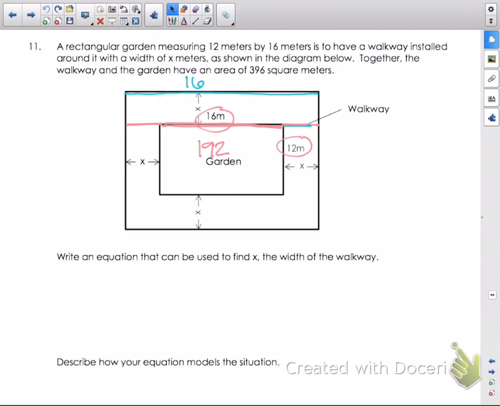Then what do we do with these sections on the side? Do we multiply them? Do we add them? We add them. So we do 16 plus an x on one side plus an x on another side, which gives me plus what?